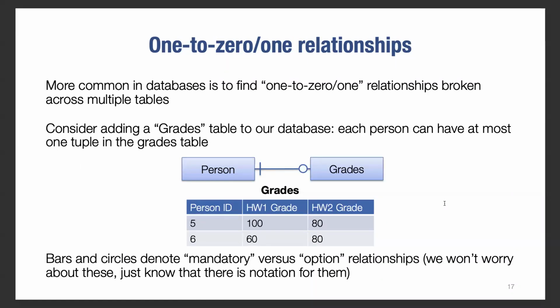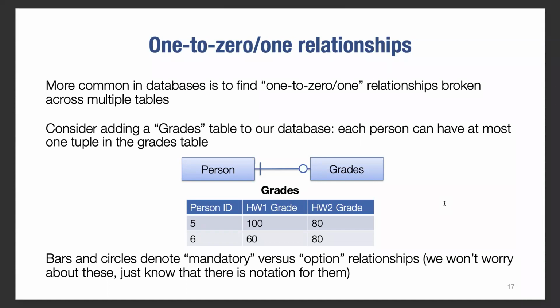So zero-or-one relationships. Now, what does this mean? What this means is when you have two entities, someone in one entity could have no representation in the other entity, or one representation.